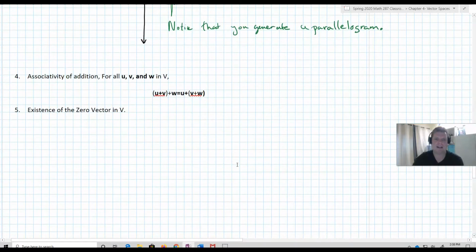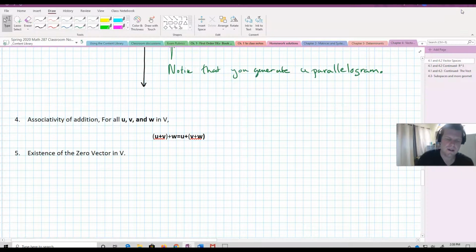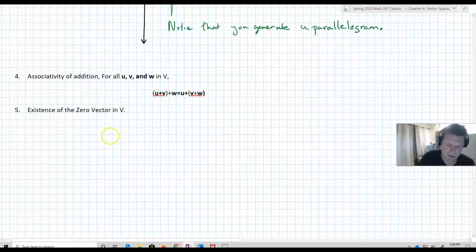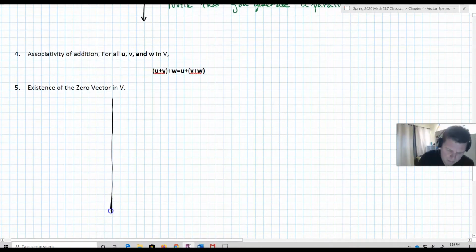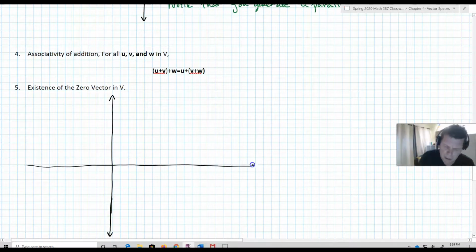All right. This is the zero vector. Now, the zero vector is a very powerful idea. We've already seen it quite a bit when we deal with homogeneous systems, but we also want to talk about the zero vector from the perspective of geometry. First, in R2, the zero vector exists.